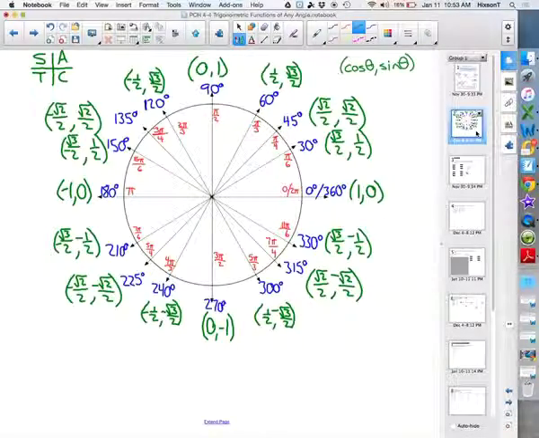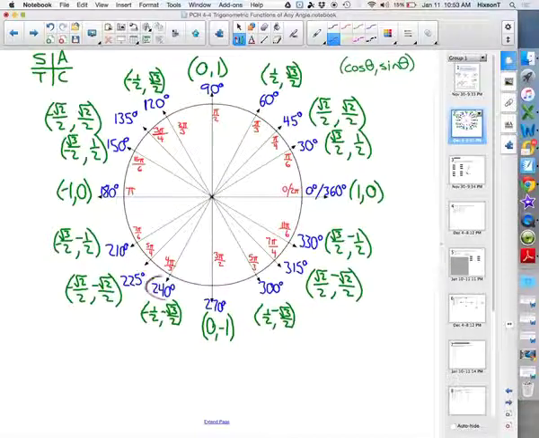Here is our unit circle, and you can see what we were just talking about as well. For example, what's the reference angle for 240 degrees? 60.